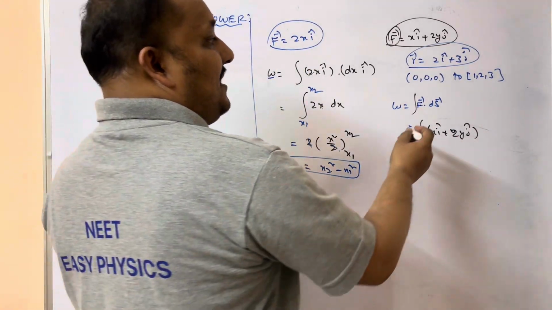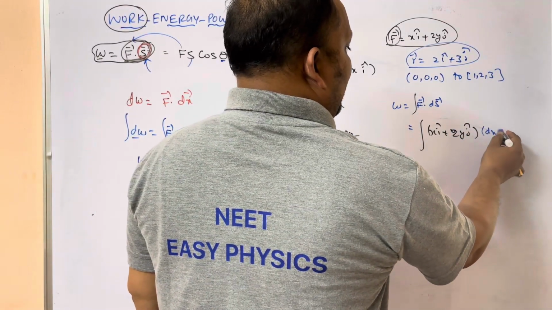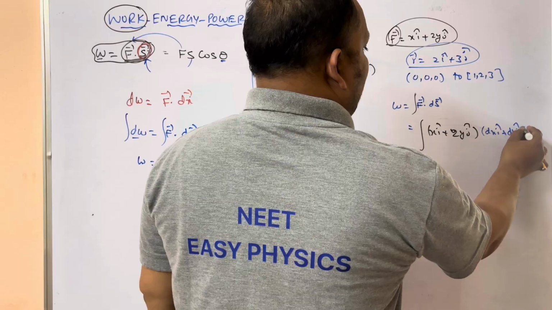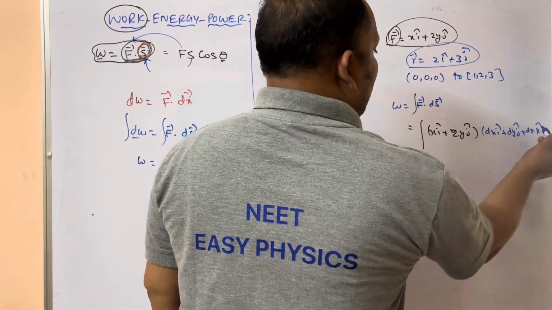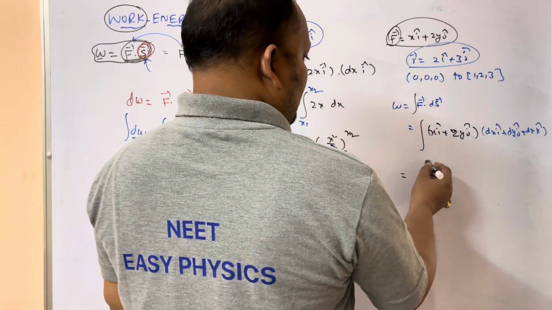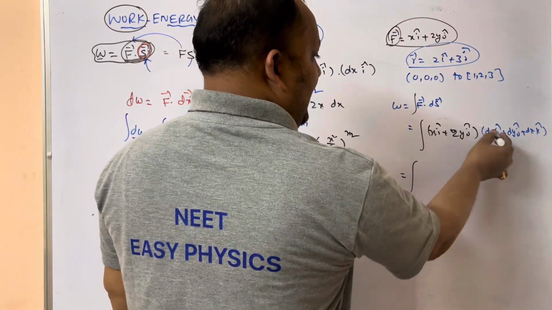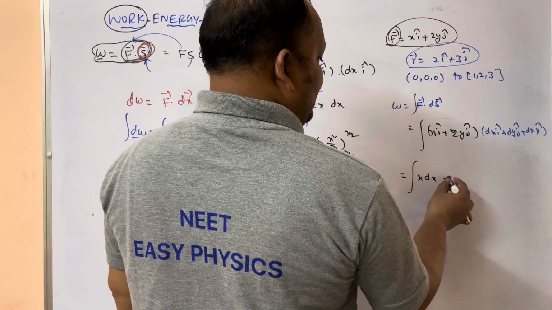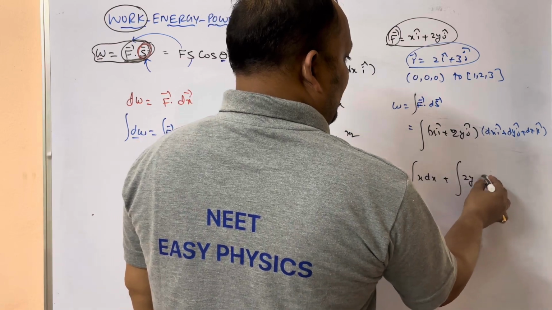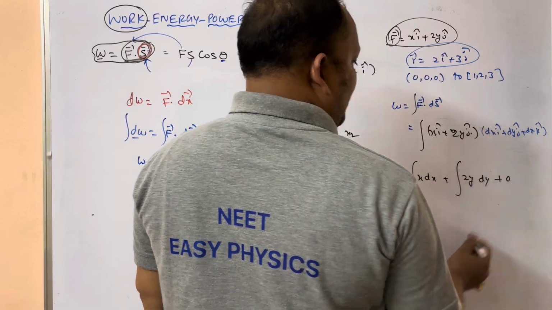Now what is ds bar? ds bar is nothing but dx i cap plus dy j cap plus, generally we will take like this, dz k cap. Then after multiplying, we get x dx plus 2y dy. In this there is no k cap, therefore 0.